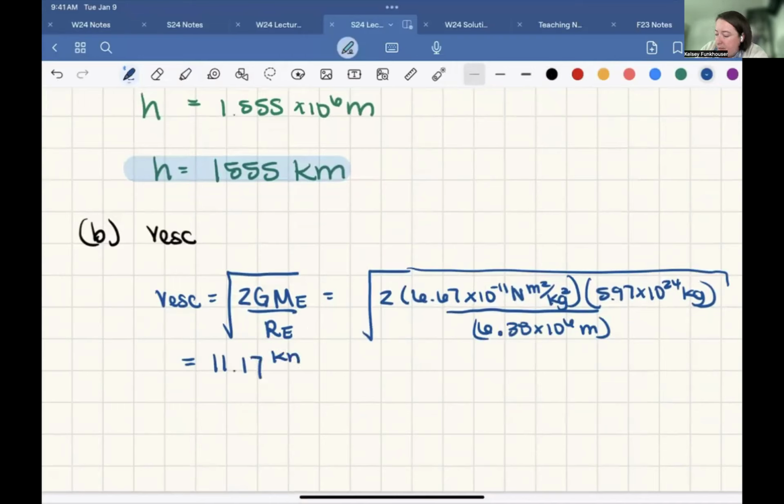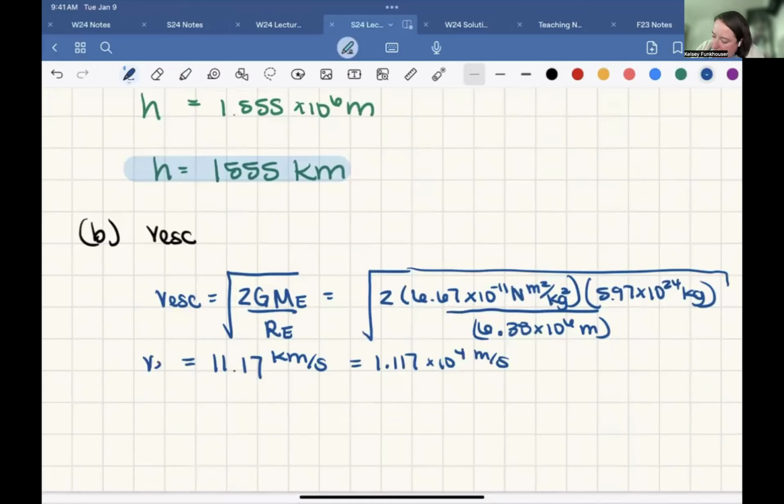11.17 kilometers per second. If you plug that in with meters, which you need to do, it'll actually come out as 1.117 times 10 to the 4 meters per second.